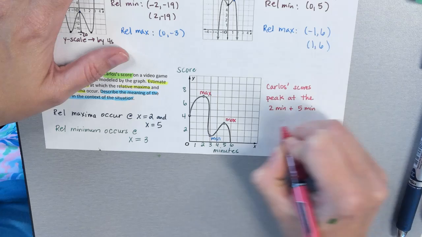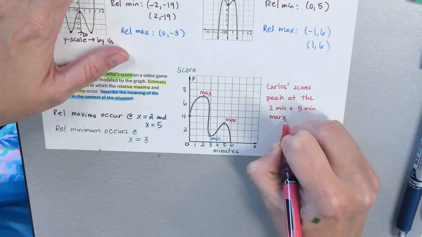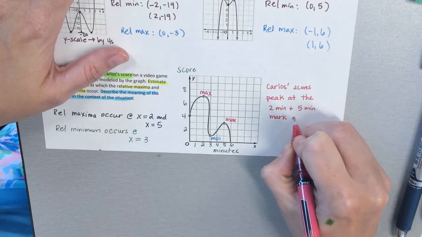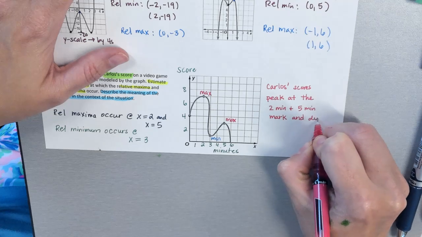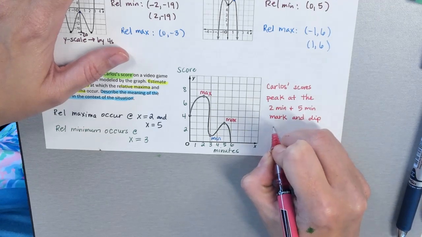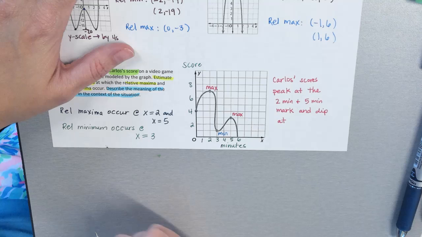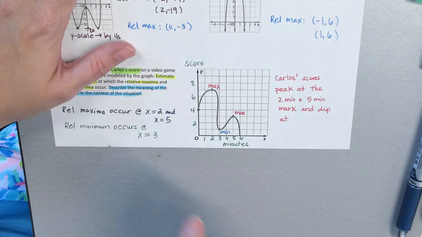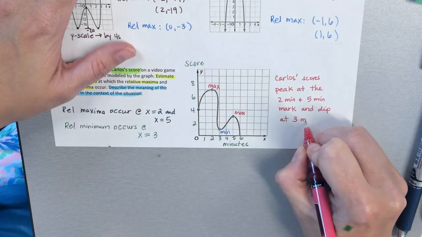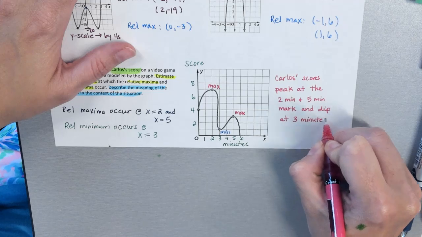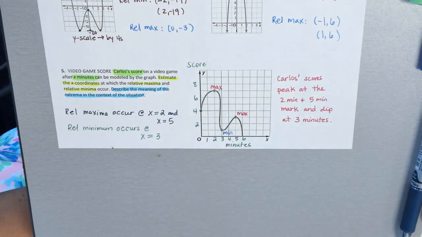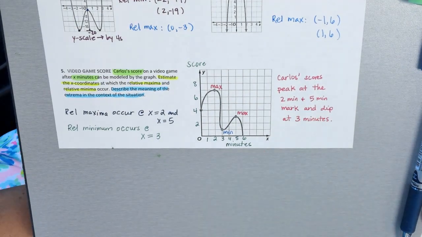So write this down with me. And we could say they dip at, and then the lower one was at 3, and they dip at 3 minutes. You can also say, instead of dip, you can say they reach a low point.